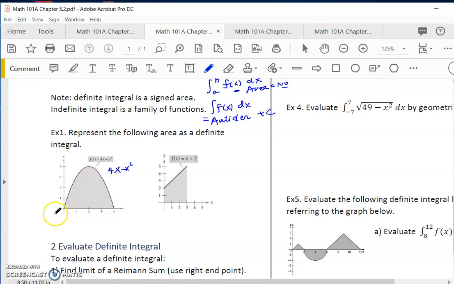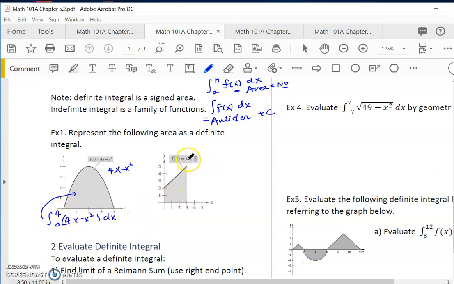You no longer have to say the area from 0 to 4 under the curve of 4x minus x squared. The new notation would be the integral from 0 to 4 of 4x minus x squared dx. This means this area, because this is a new notation called definite integral notation.